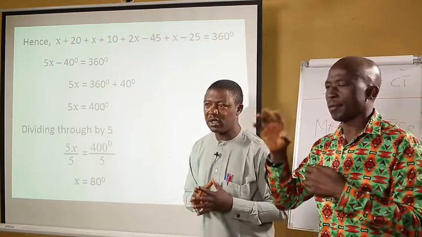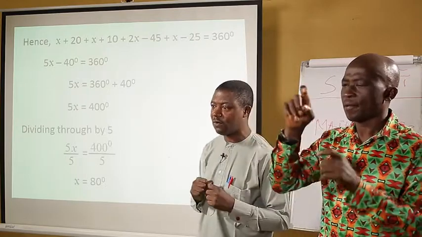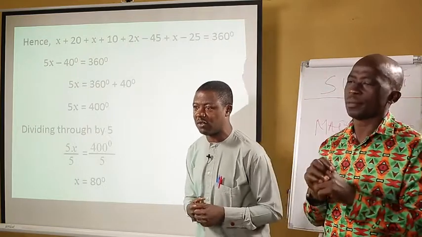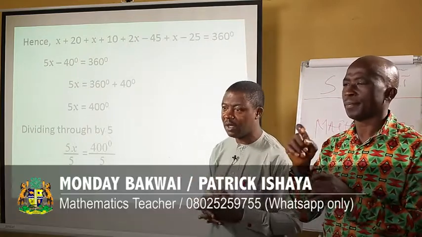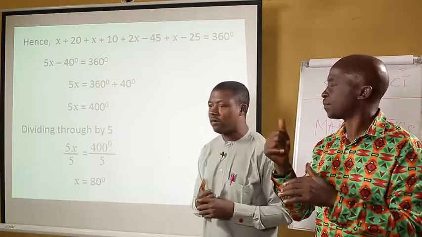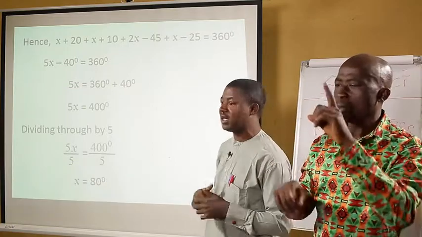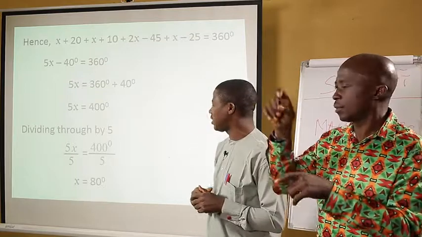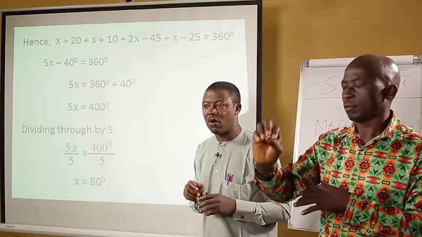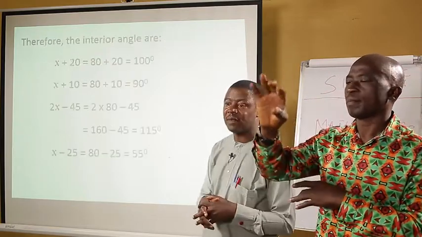So 5x equals 400 degrees. Who then is x? Divide through by the coefficient of x, which is 5. 5 divided by 5 is 1, so we have 1x, which is x. And 400 divided by 5 is 80 degrees.